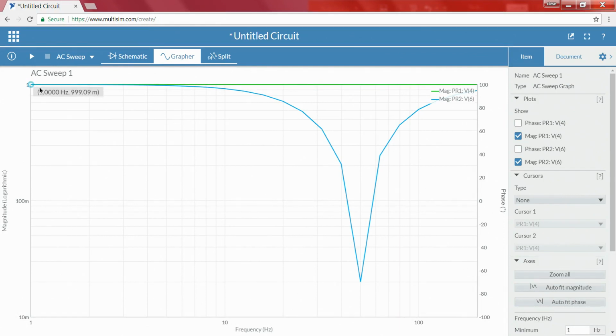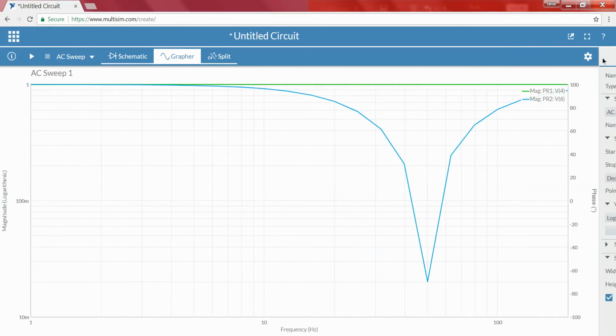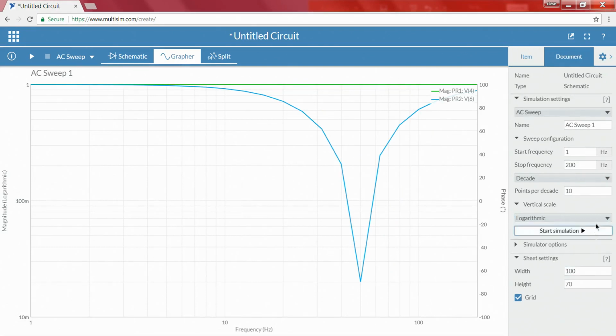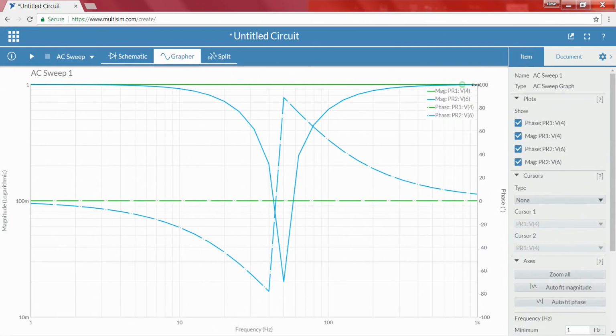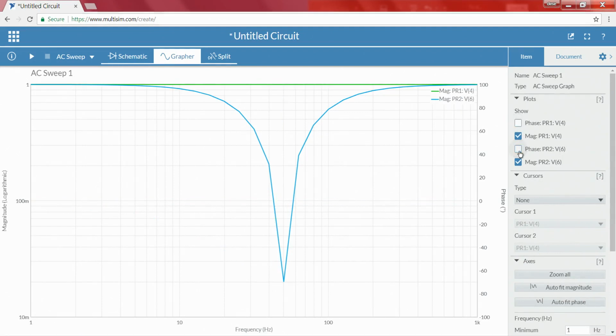That means there is no gain acting in the system. Now, we will try to increase the frequencies to somewhere around 1000 hertz, so that even the output can go to the maximum gain. And let me remove the phase values.